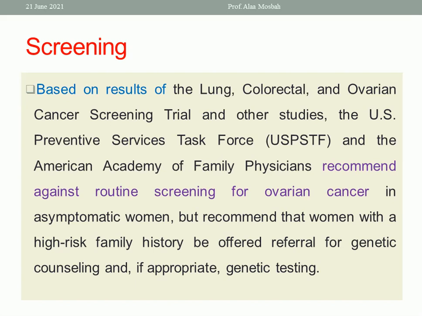That's why we cannot diagnose the early stage of serous carcinoma. We should understand this point.